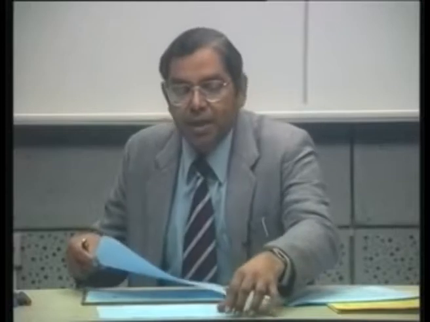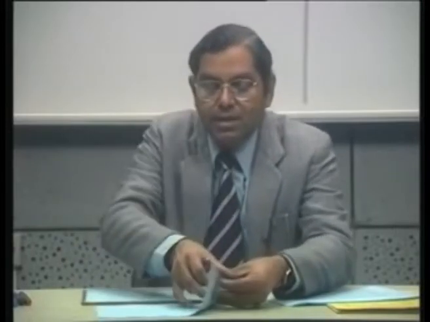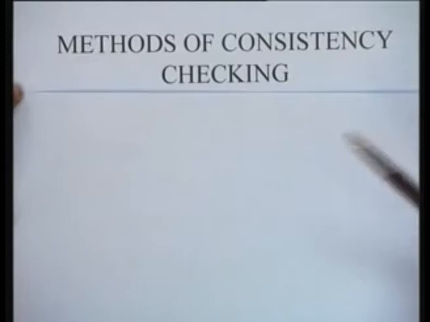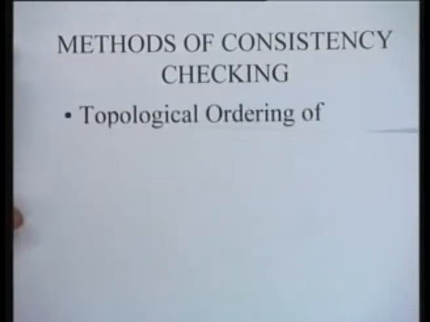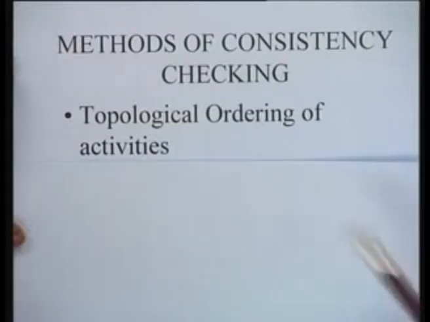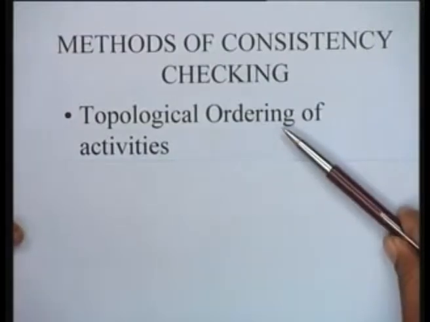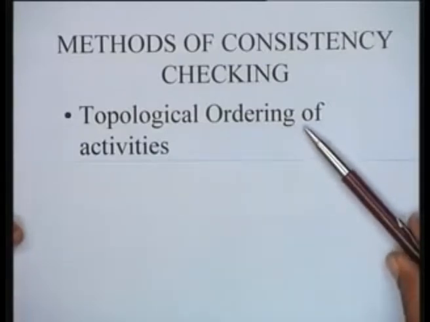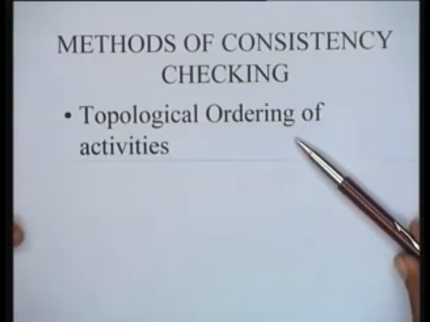What are the various methods for checking inconsistency in project networks? We will briefly examine some of the commonly used methods for checking consistency. The first method of checking consistency in project networks is the process of ordering the activities in topological order, as they say.